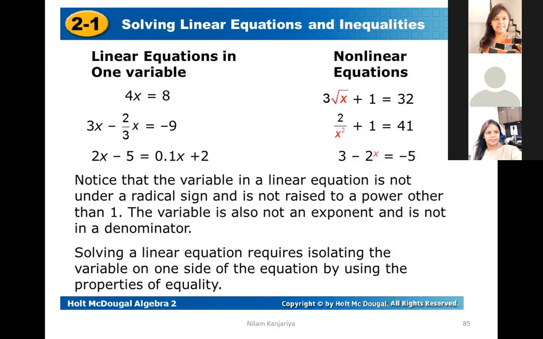In the second equation, x has power -2. And in the third equation, x is in exponential form. Never write any variable in exponential form. So always remember which equation is linear and which is not. I gave you 2 more examples. You can tell me which is linear and which is not.